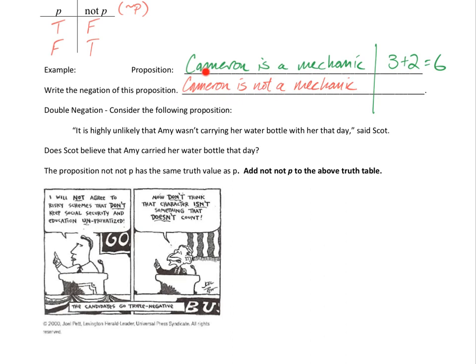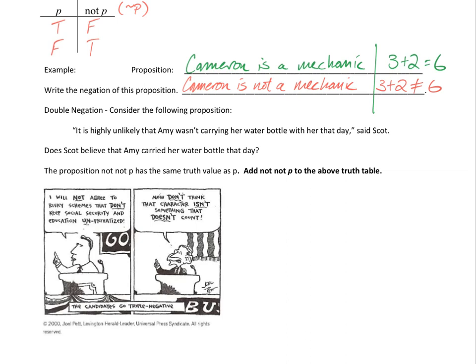You can see that when we were looking at P and not P up here, all we had to do was add the word not, and that ends up being true with our propositions down here. For this other one, very quickly, we have 3 plus 2 equals 6. Well, we can write the negation of that as 3 plus 2 does not equal 6.